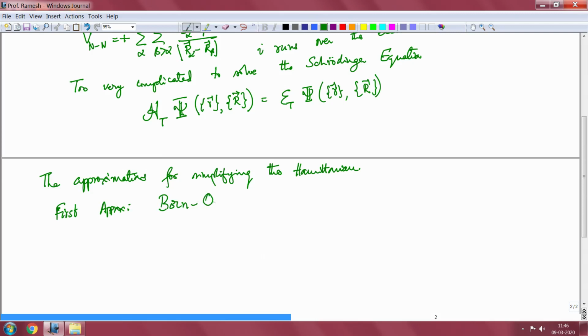This is also known as the adiabatic approximation. I will tell you why.